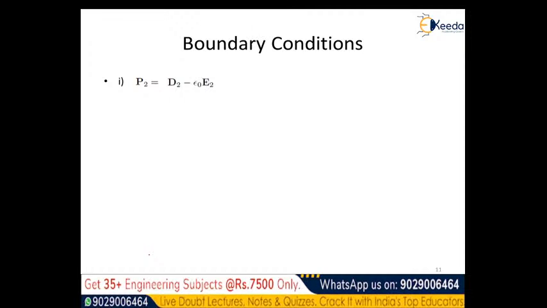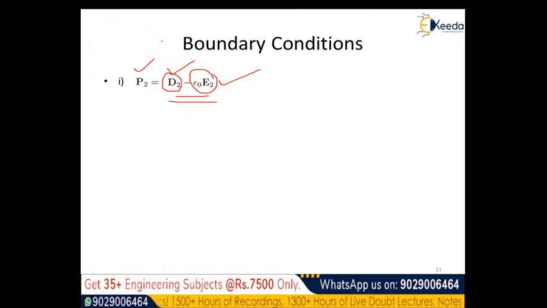This D2 comprises epsilon R2 into epsilon 0 into E2, whereas in the second term there is no relative permittivity. So it is the electric flux density in the free space medium and the electric flux density in region 2. From the two we have to take a difference, and that difference is nothing but P2.